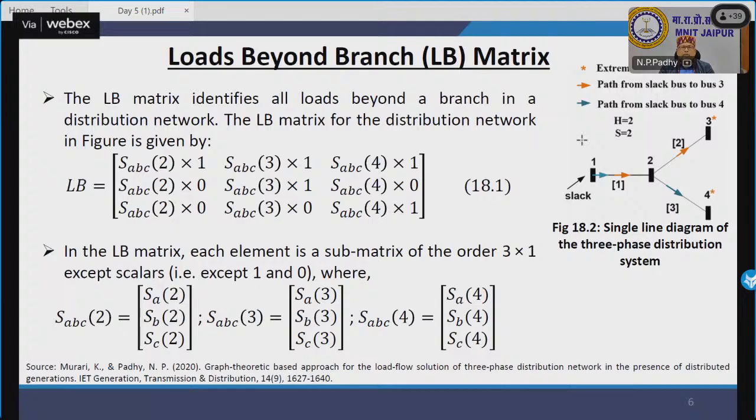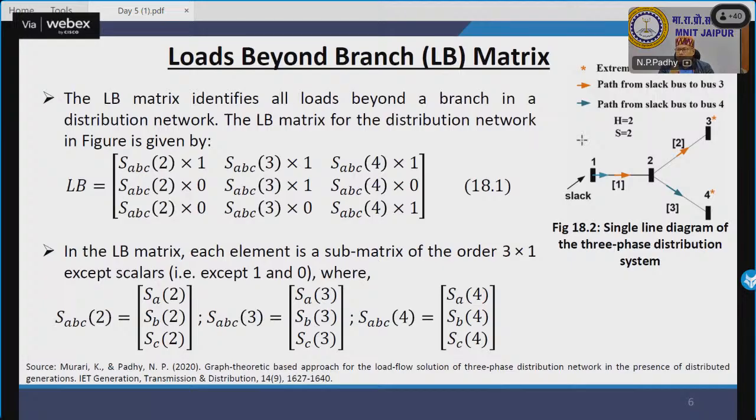Now first, let's start with the LB matrix. On the right-hand side, there are 4 buses and 3 lines. The current moves from 1 to 2, 2 to 3, or 2 to 4. The extreme end buses are marked with stars. You can see bus numbers 3 and 4 are with stars.